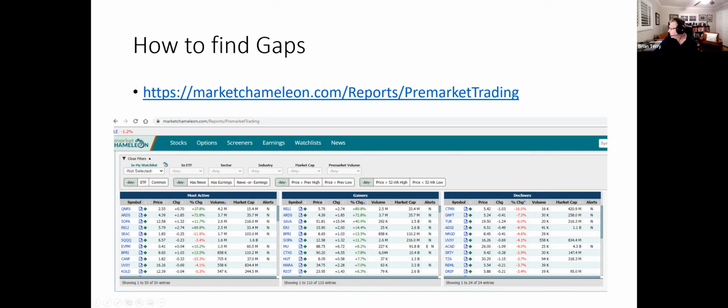So you could see here, I took this snapshot this morning. You can see MU was on it. It gapped up 8.2%, had 227,000 in volume, and it's got a giant market cap. And then it had an E and an N for news.